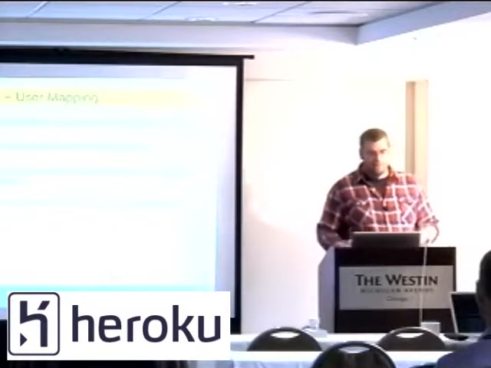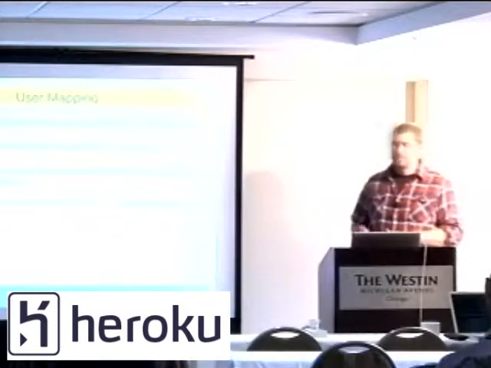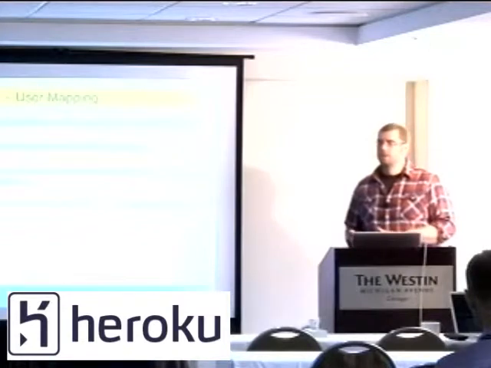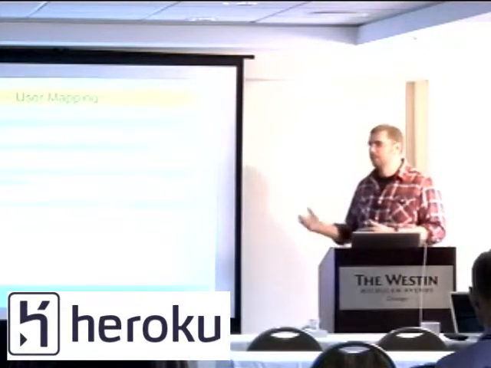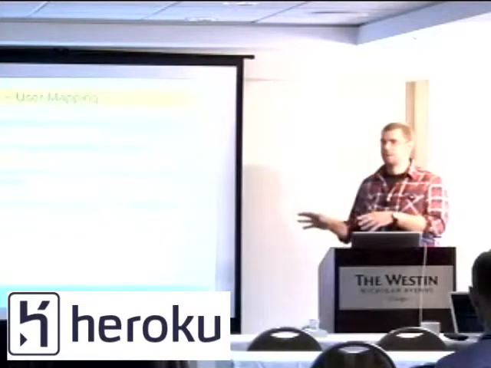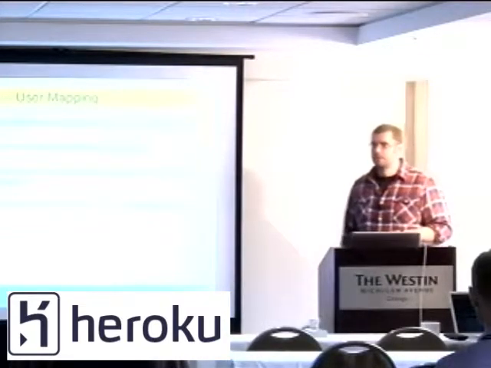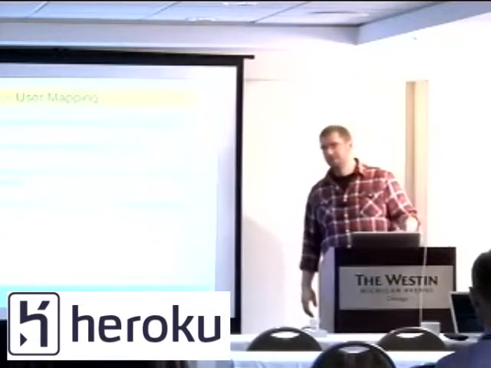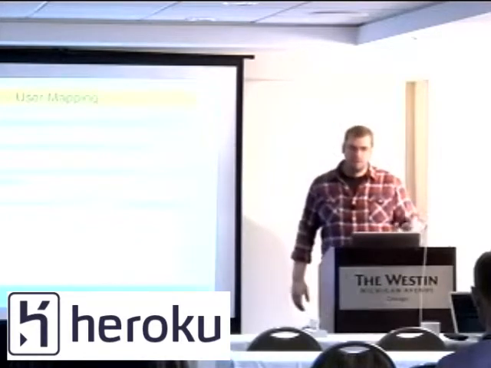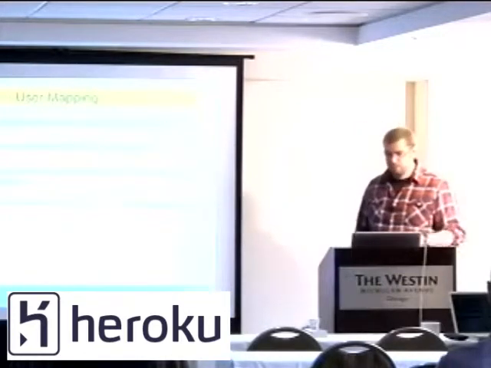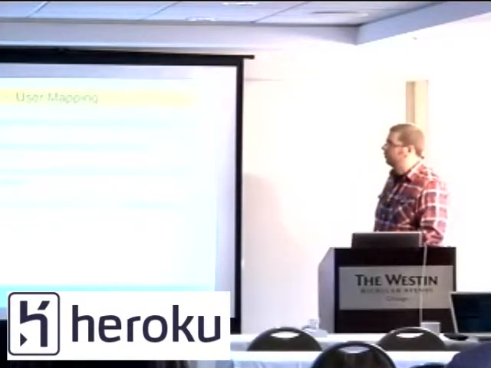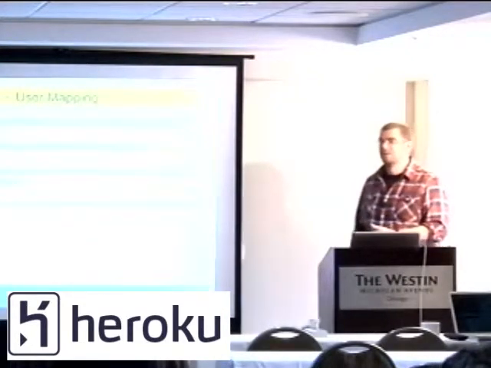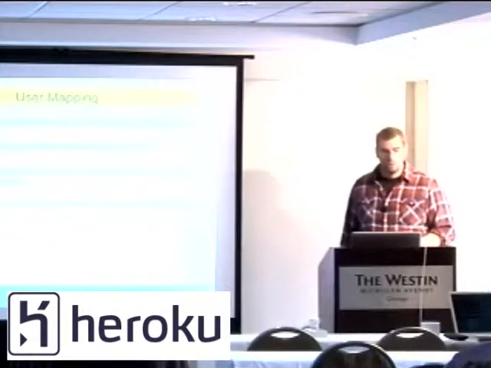The user mapping is basically a per-user object that usually defines a username and password, but really it's up to the author of the FDW what options they want to specify in the table, the foreign server, the FDW, or the user mapping. In theory, you could include a path to an SSL certificate, for example, as one of the options.